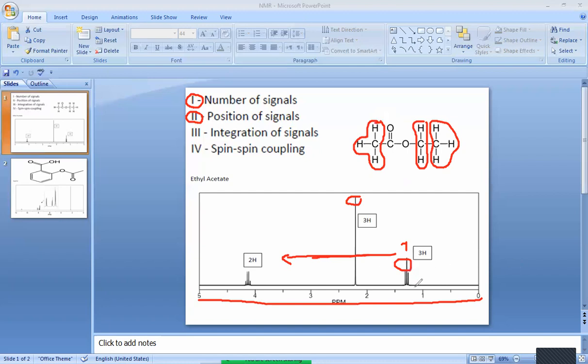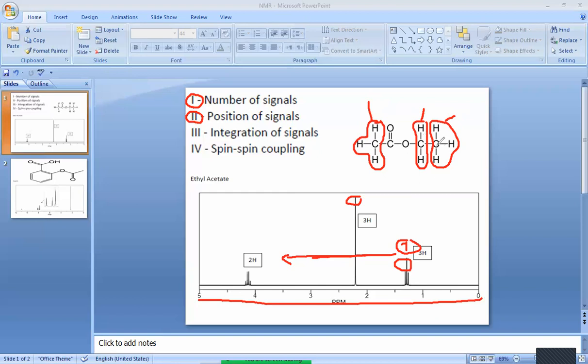So for the first one, how can we tell whether it belongs to this or this or this? We look at the environment of the hydrogens and see whether they are further away or very close to a very electronegative atom or group.